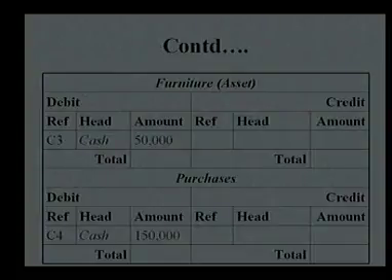If you remember, on some particular date, the company has purchased material worth rupees 150,000 in cash. That means there has been an increase in asset. Now, your construction material has gone up from 0 to 150,000. So, increase in asset, I record it under debit side, and accordingly it has been shown here.